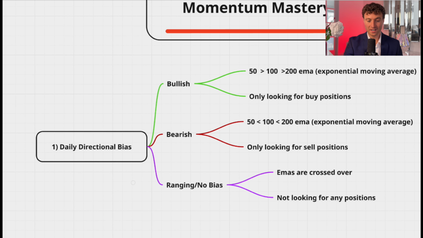Step 1, daily directional bias. So many traders have problems with identifying their draw on liquidity or their daily directional bias. And so this simple, easy to follow framework makes it very, very easy for you. We have 3 potential scenarios in the market. Scenario number 1 is a bullish daily directional bias.